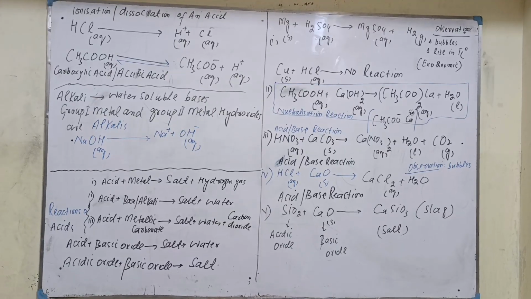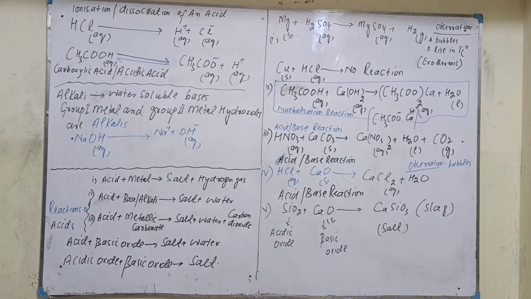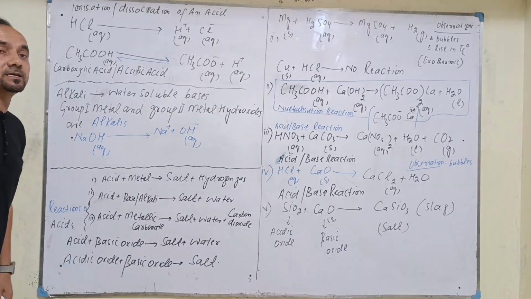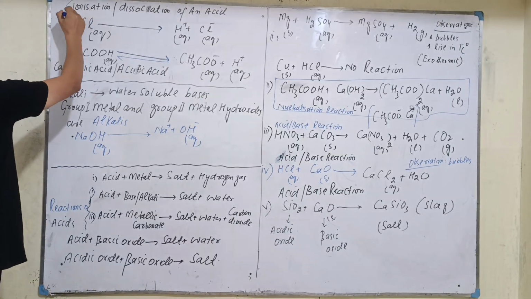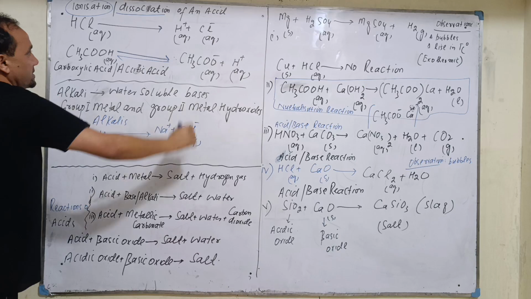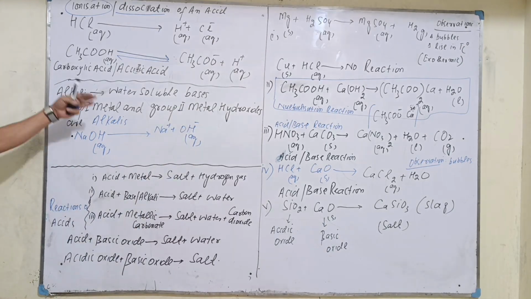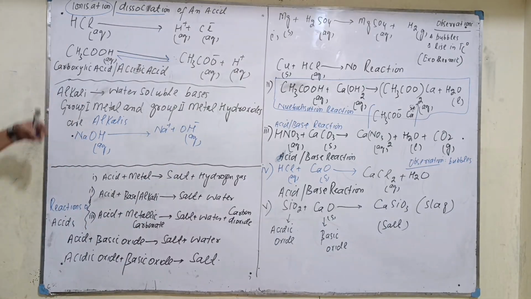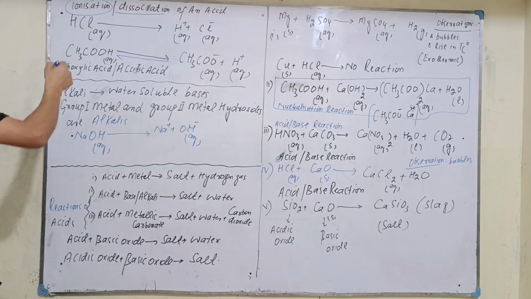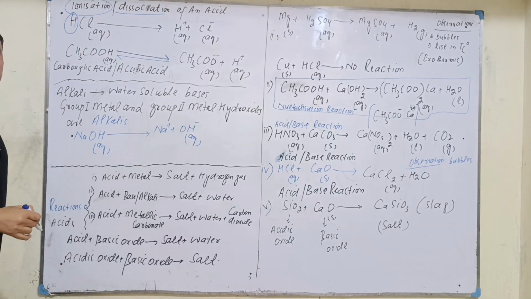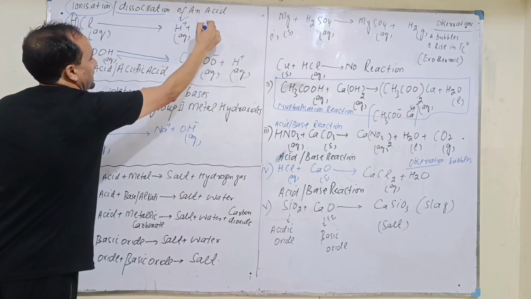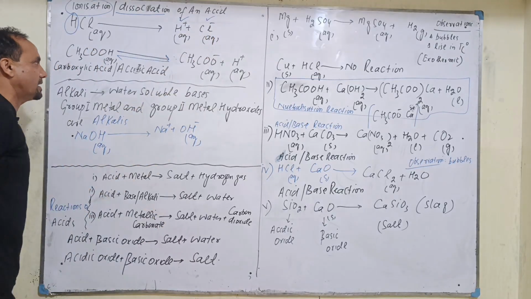Now we are going to discuss some reactions of acids and dissociation or ionization. Now this is called ionization or dissociation of an acid. We are taking two examples. One is hydrochloric acid. When it dissociates, it gives its H+, so you will get hydrogen ion, and the next is an ion, that is chloride.